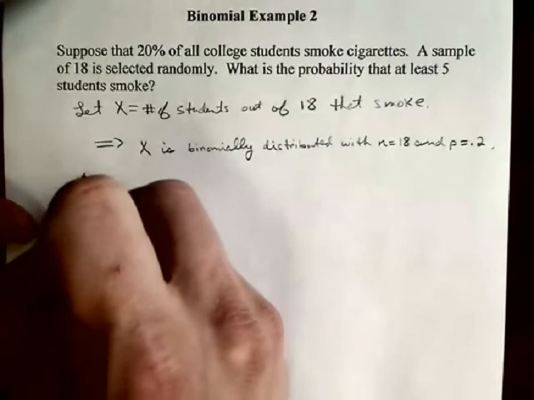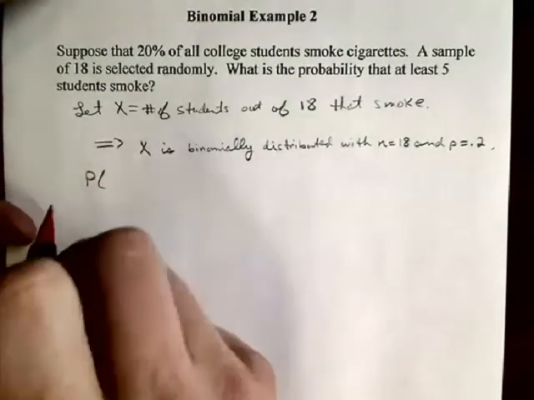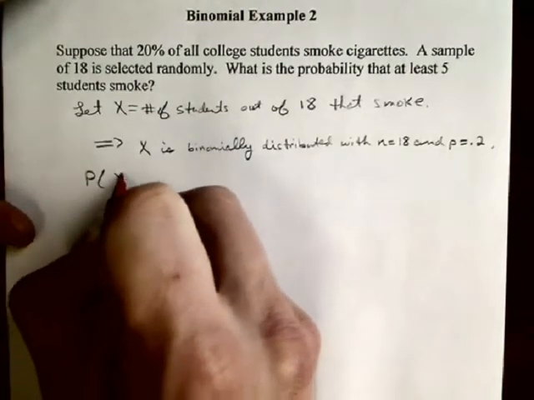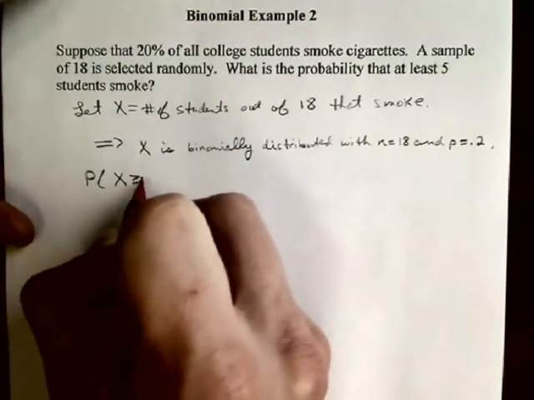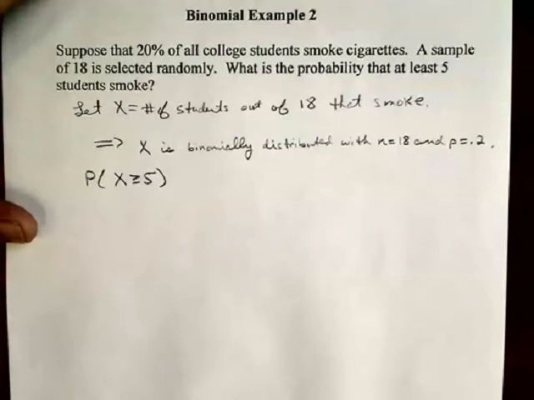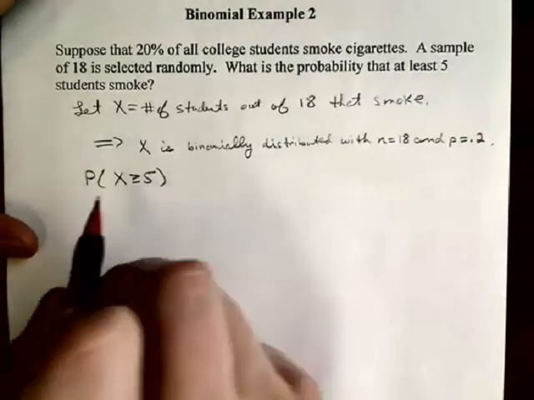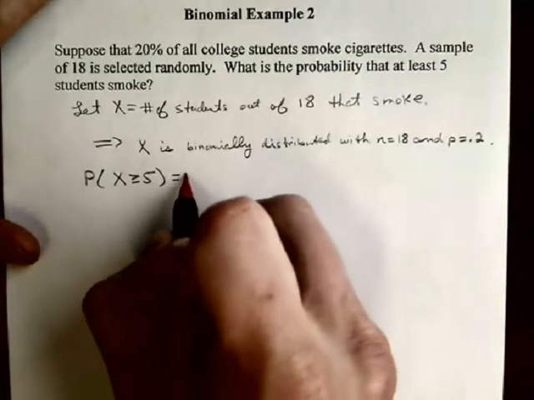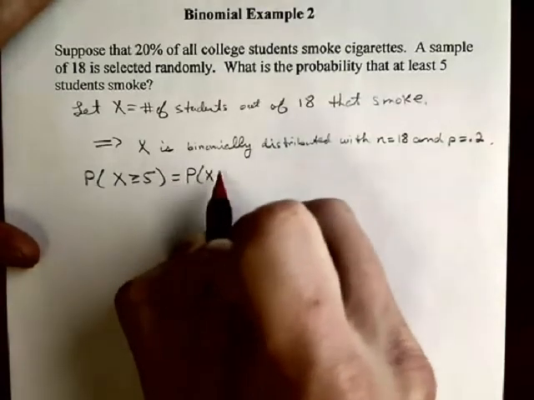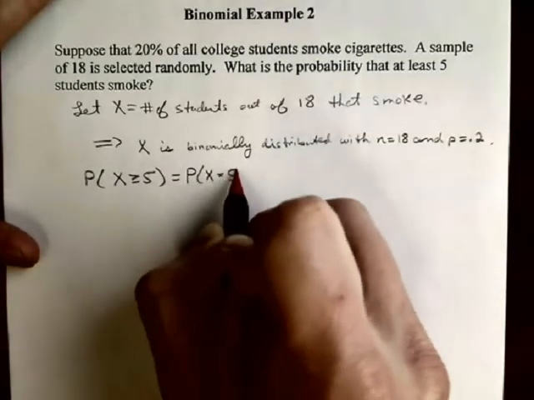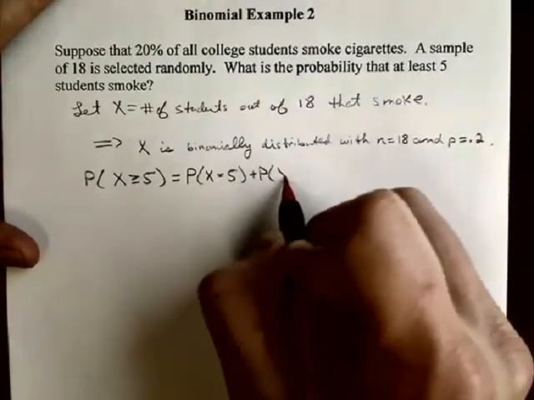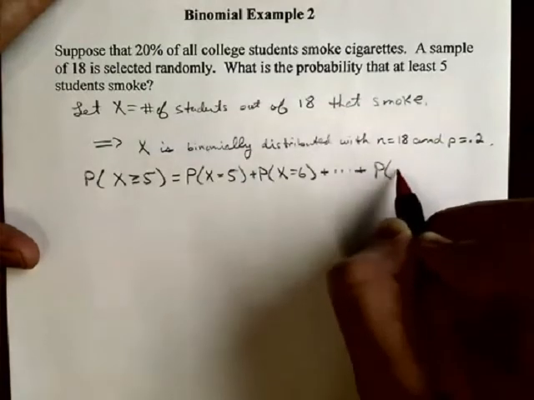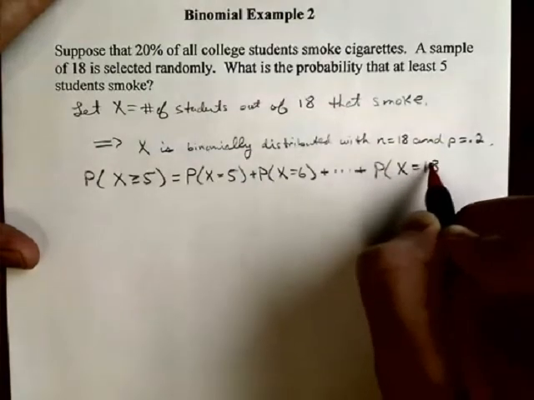What we're after here is the probability that at least 5 students smoke. So the number of students, X, is greater than or equal to 5, with 5 being the smallest. What I have to do is find the probability that X equals 5 plus the probability that X equals 6 plus and so on up to the probability that X equals 18.